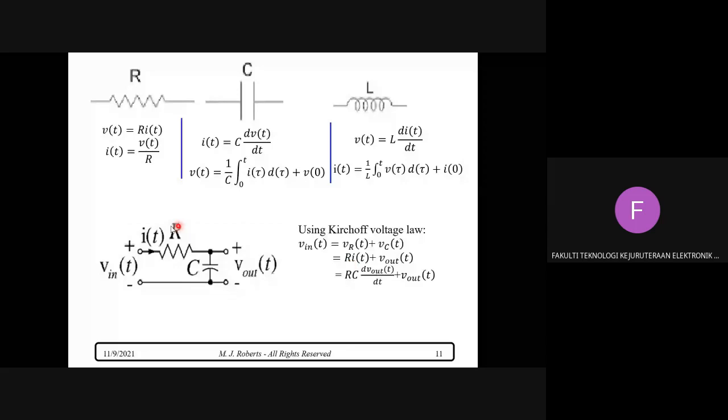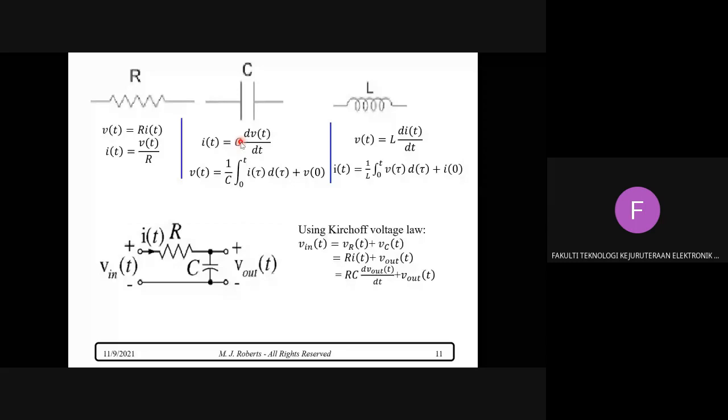From what is given here, you know the voltage across the resistor is Ri(t), because the current flowing in the circuit is i(t), and the voltage across the capacitor is given by V out.